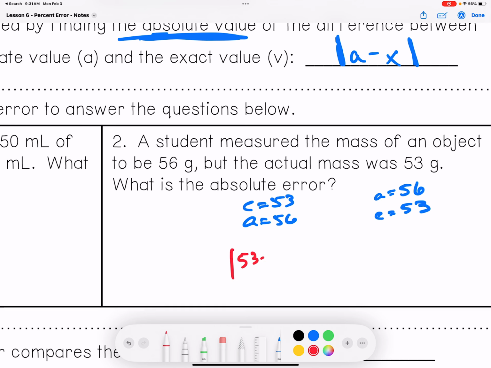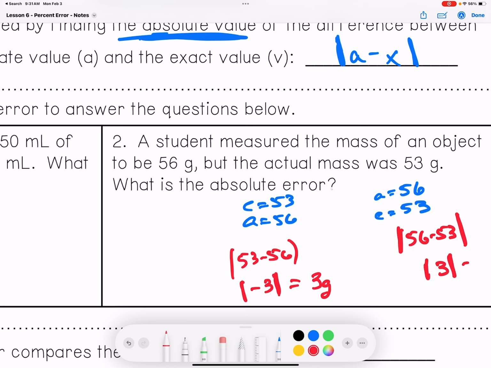So it's 53 minus 56, so absolute value, that's negative 3, absolute value. The absolute value of negative 3 is what? 3. Over here, 56 minus 53 is 3. 3 is 3. Guess what? The same thing.